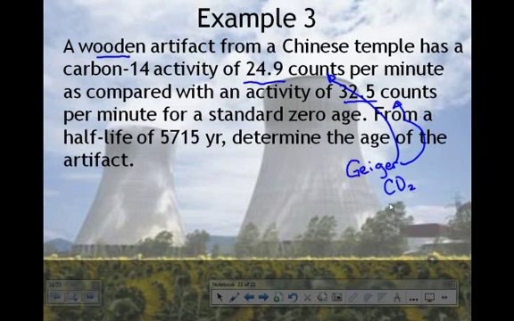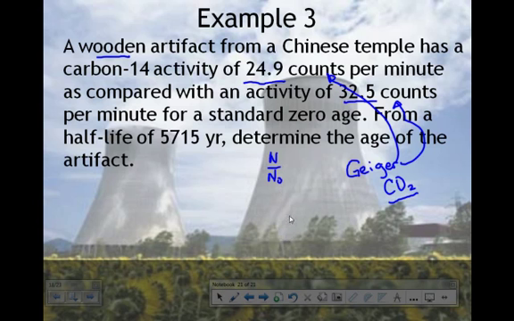When it died, it no longer did this anymore, so all of the carbon then began to decay radioactively and was not getting replenished by new carbon dioxide coming in. So that's what we're looking at, is now we have less activity, so we can compare activity just as we were able to compare mass or number of moles.